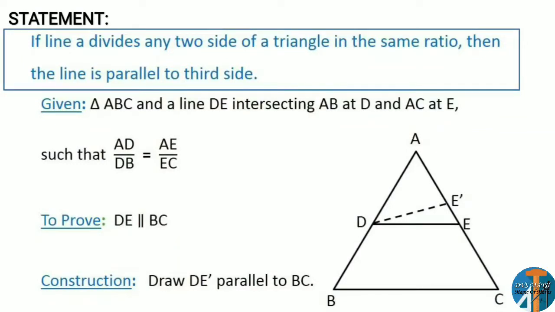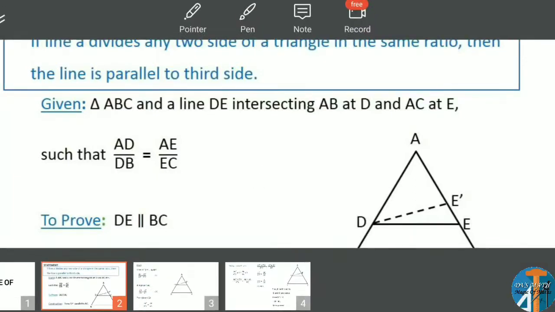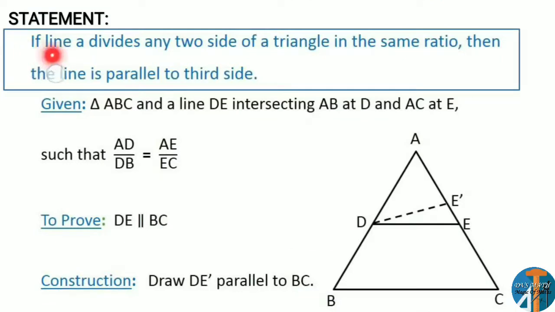In what we studied, if a line is drawn parallel to any one side of a triangle to intersect the other two sides at distinct points, then the other two sides are divided in the same ratio, right? But here it is the reverse. That means if a line divides any two sides of a triangle in the same ratio, then the line is parallel to the third side.